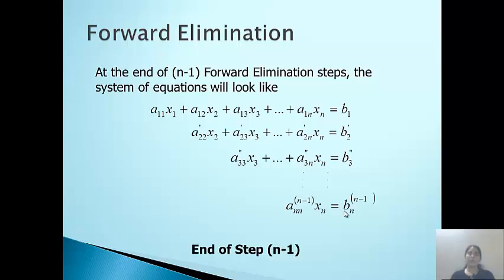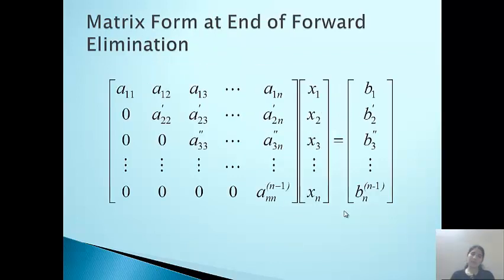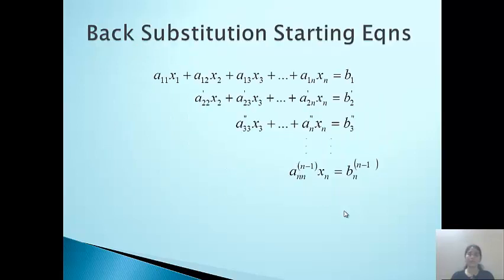The third equation will be reduced to a33 x3 plus dot dot dot plus a3n xn equal to b3, and the nth equation can be given by ann xn equal to bn. Now this is the end of step n minus 1. Now the final matrix will look like this. In this we have made the lower triangle zero using the triangularization algorithm.